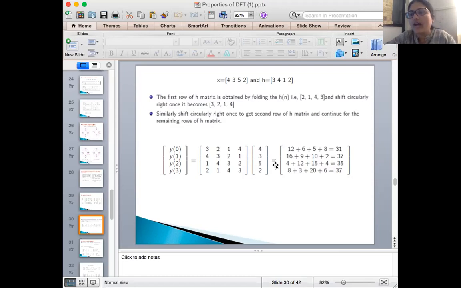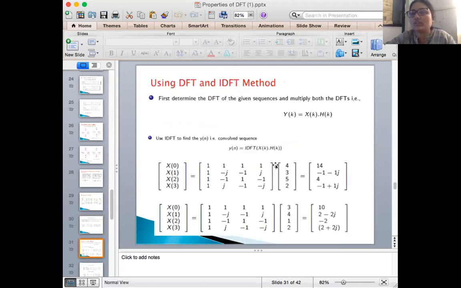Finally, the last approach for circular convolution is using the DFT and IDFT method. Here the DFT values of two sequences have been calculated, and those sequences are multiplied to get the third sequence.